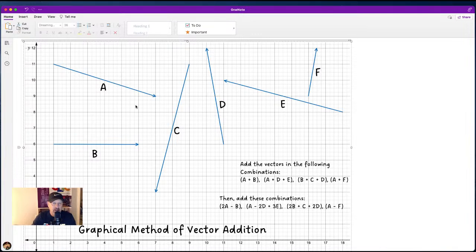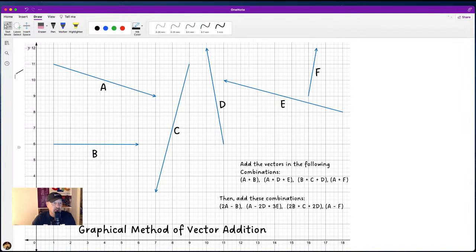So what we need to do is, let me get my marker going. We need to add vectors A and B. We're going to do this particular combination first, A plus B, and we're going to add them by number of units.